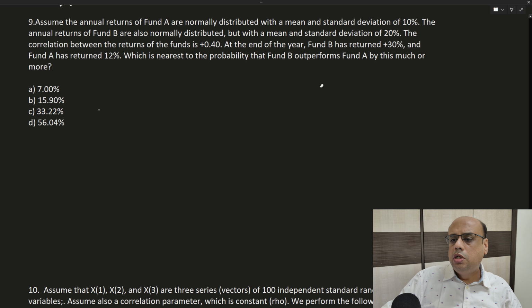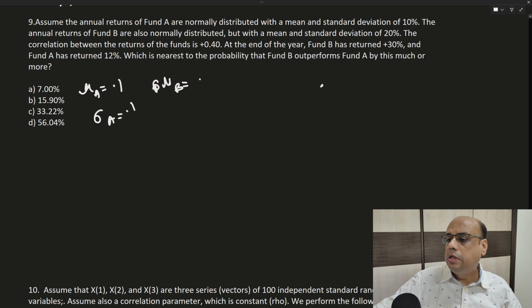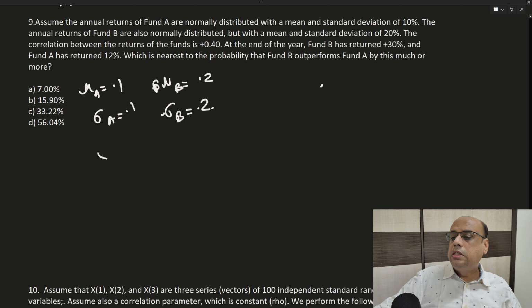So here what we know is mu A is equal to 0.1, sigma A is equal to 0.1, mu B is equal to 20%, and sigma B is also 20%. The correlation is 0.4.